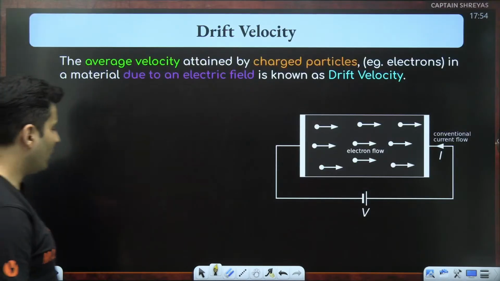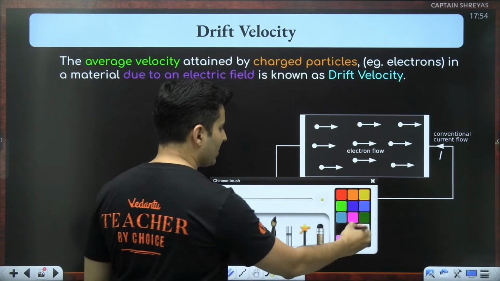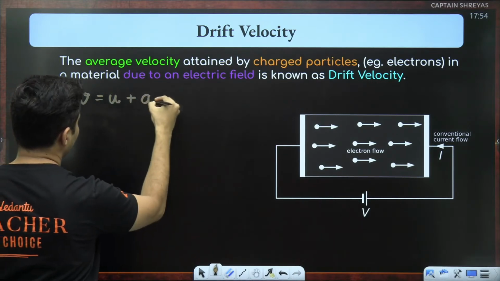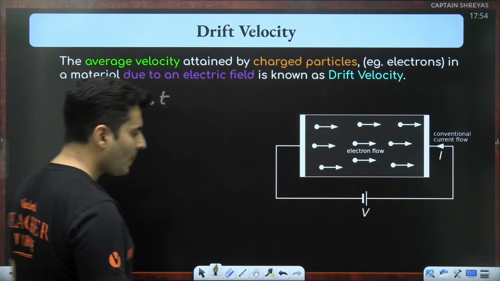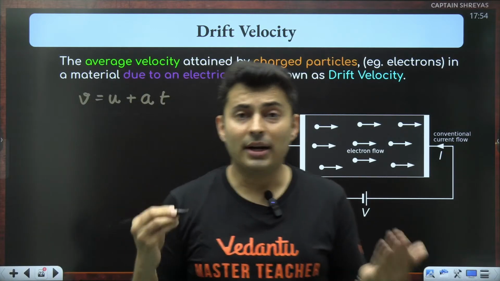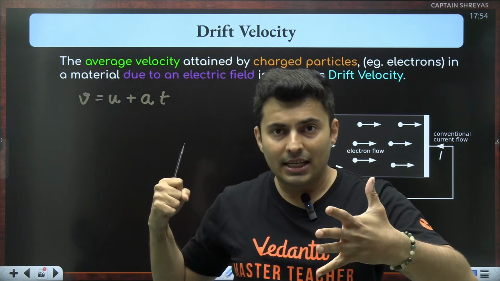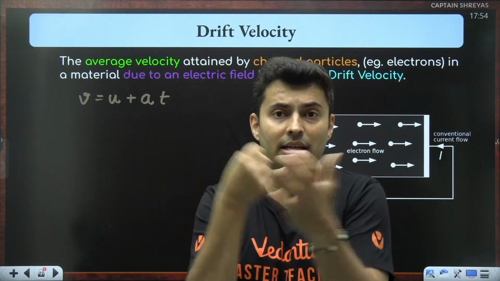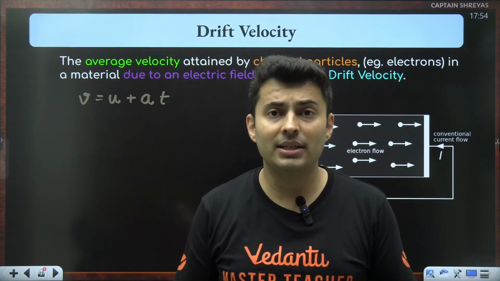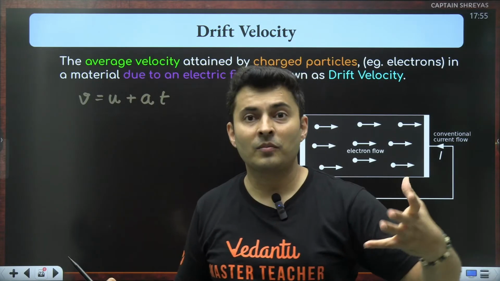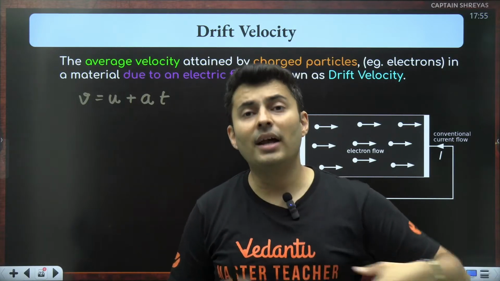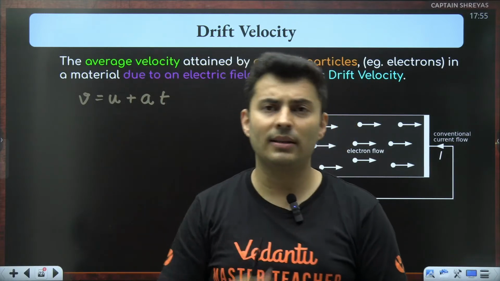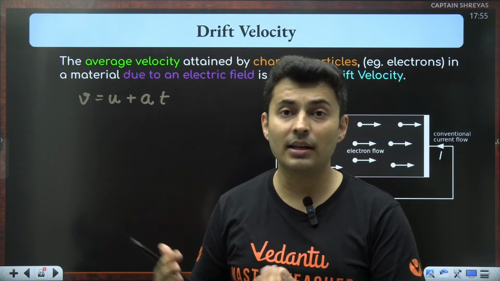So there is another formula over here, just like you have your equation of kinematics, V is equal to u plus acceleration multiplied by time. Every electron, once it hits another atom or another particle within that conductor, might lose all its velocity. Then that force will accelerate it, and it will achieve some really good speed before it again hits and again loses all the velocity. And this process continues.